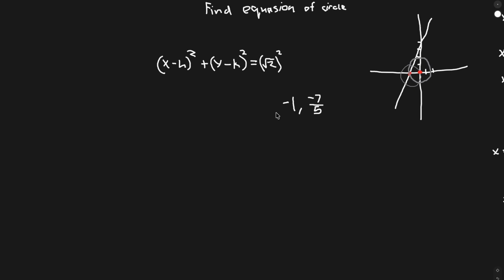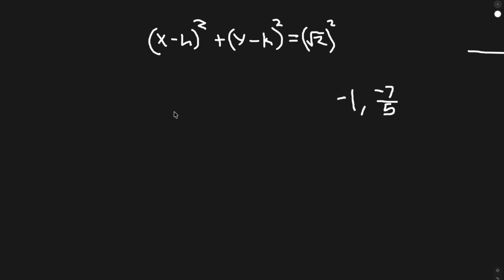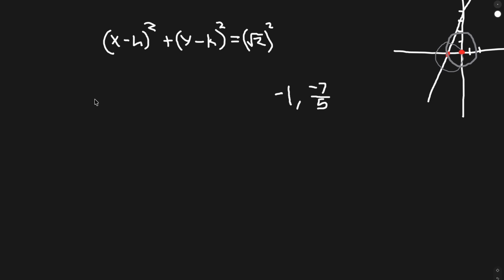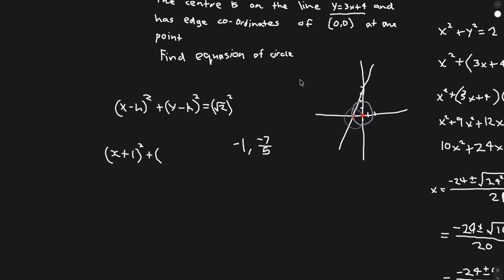So we'll put x as negative 1 and we'll solve for y. Let's do that over here. So negative 1, x plus 1. It's going to shift 1 that way. Our equation squared. Now to find our k value here, we're going to put negative 1 into this equation here so we can find our y value.